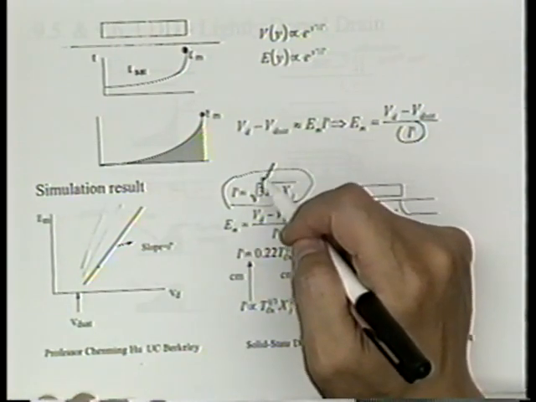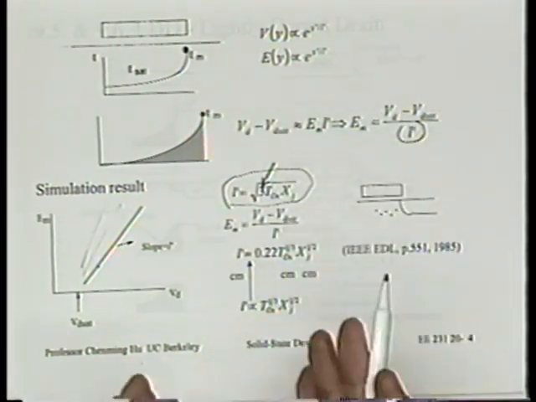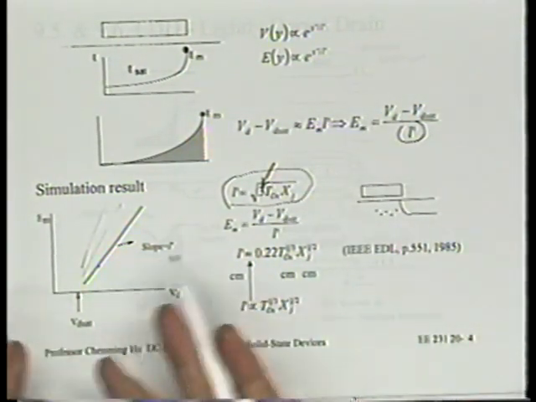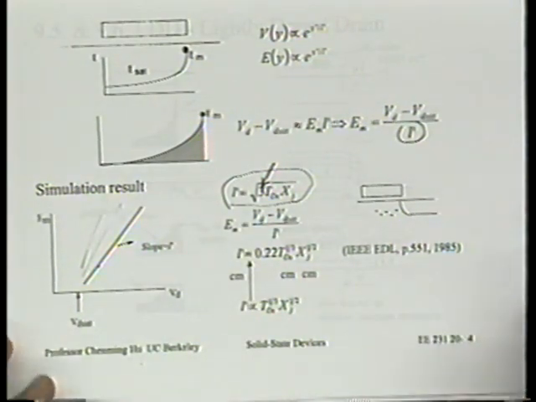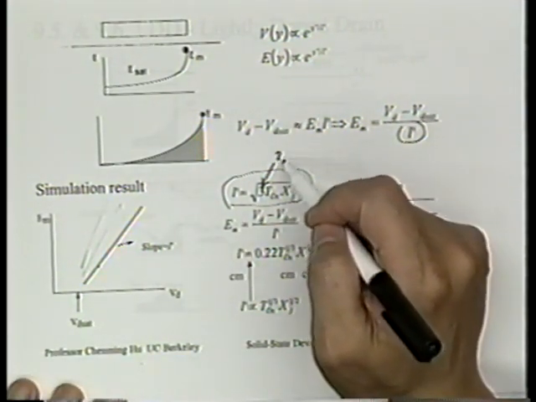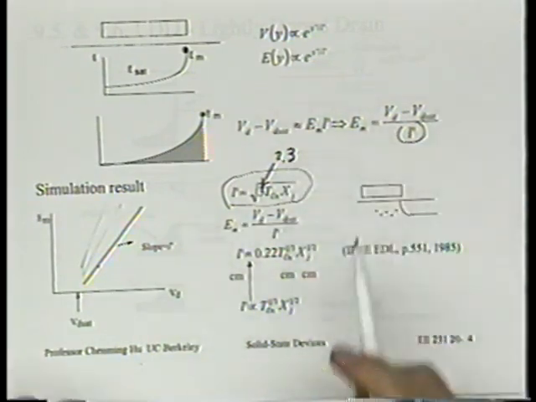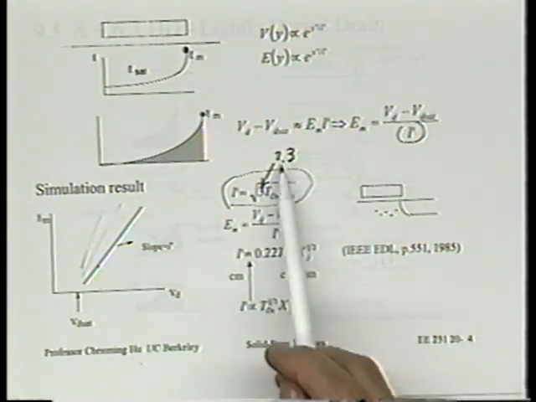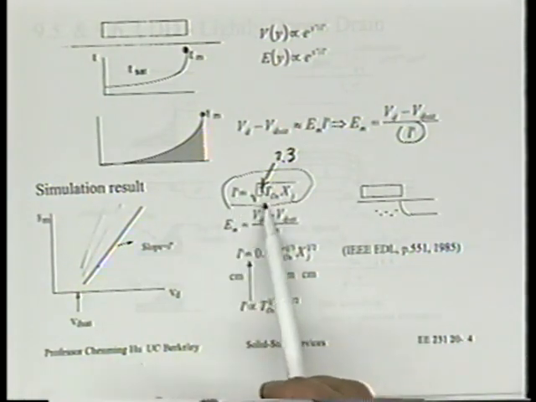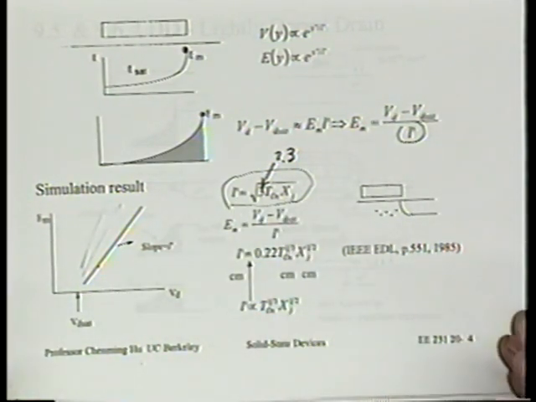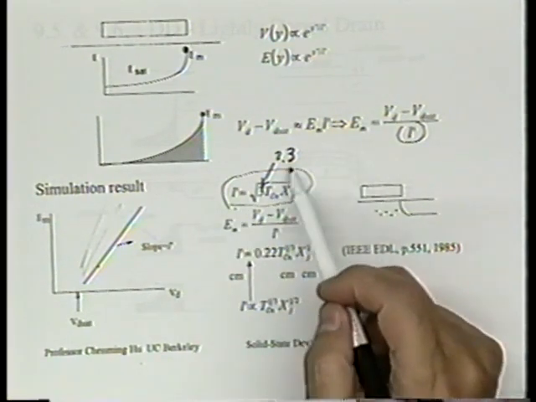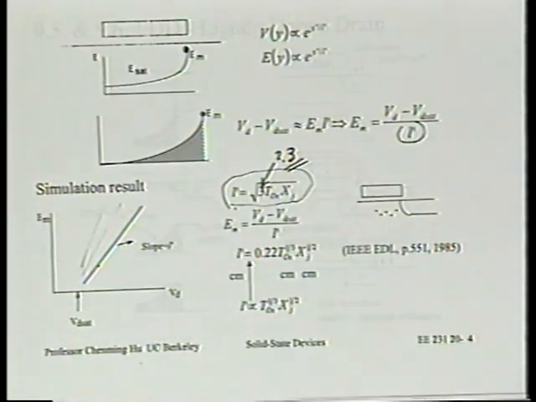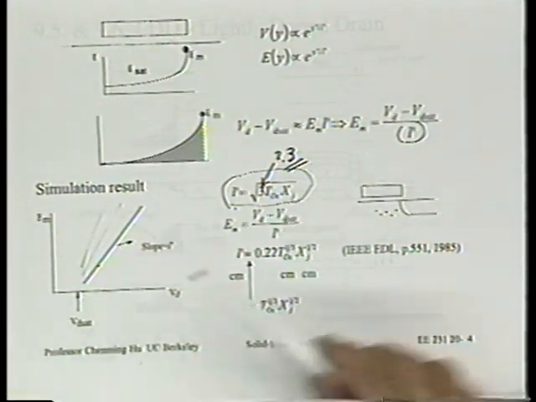Instead, I would want to allow the 3 to be varied by matching it to either one simulation or some experimental result. Maybe 2.3 is better. But I would still be willing to use this functional relationship to extrapolate what happens to L prime when Tox and XJ change, right? So we can always calibrate this to a current generation of technology. This was found to be pretty good.